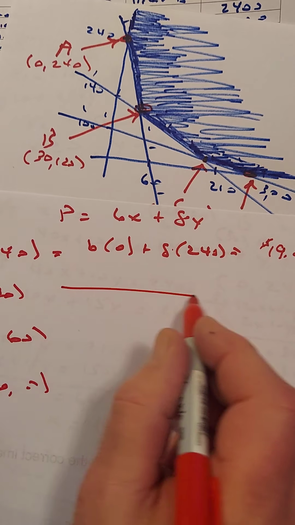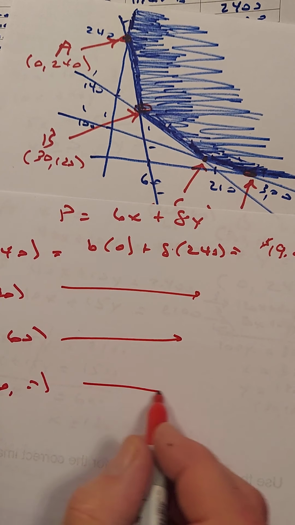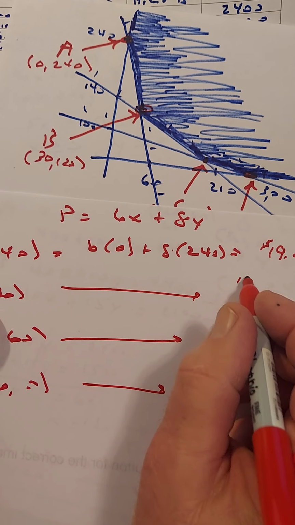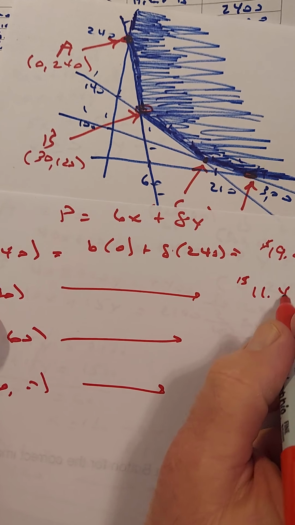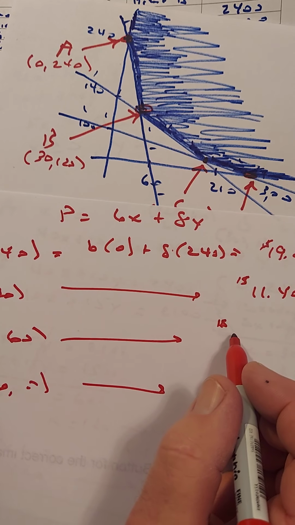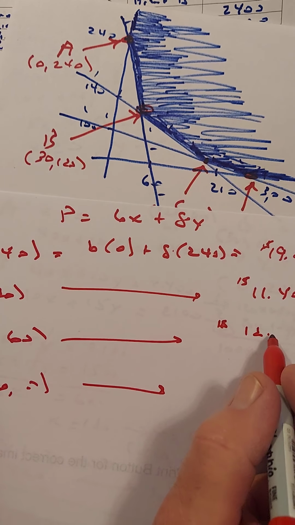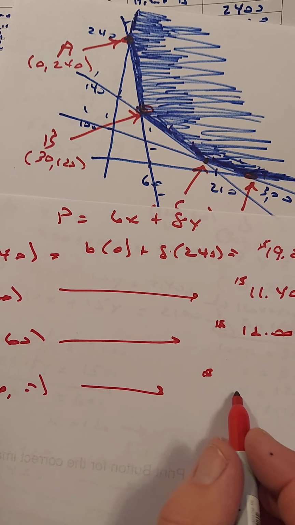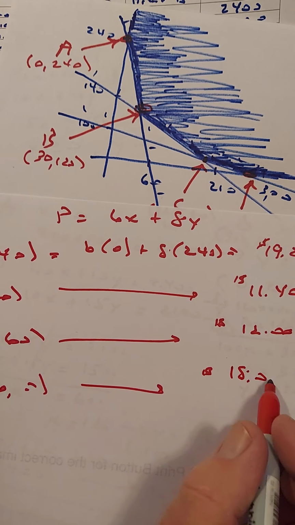Okay, let's spare the pain. You know how to plug in. When you put in 30, 120, that's $11.40. When you put in 120, 60, that's going to be $12. And when you put in 300, 0, that's going to be $18.